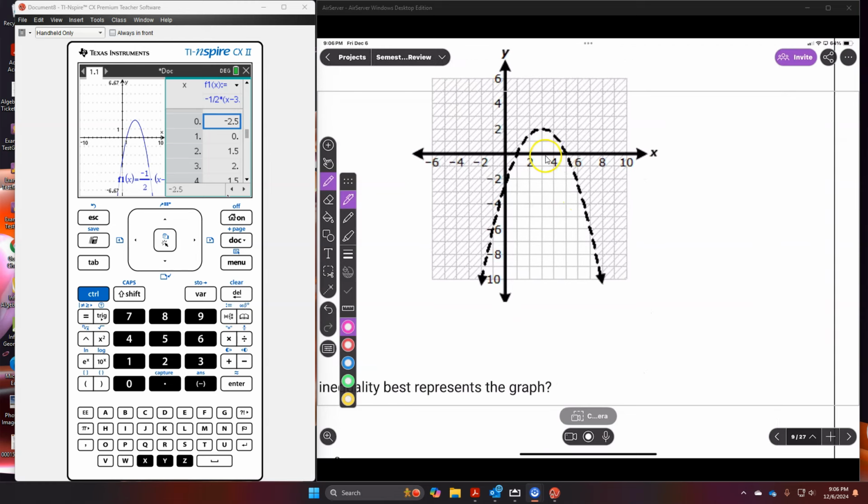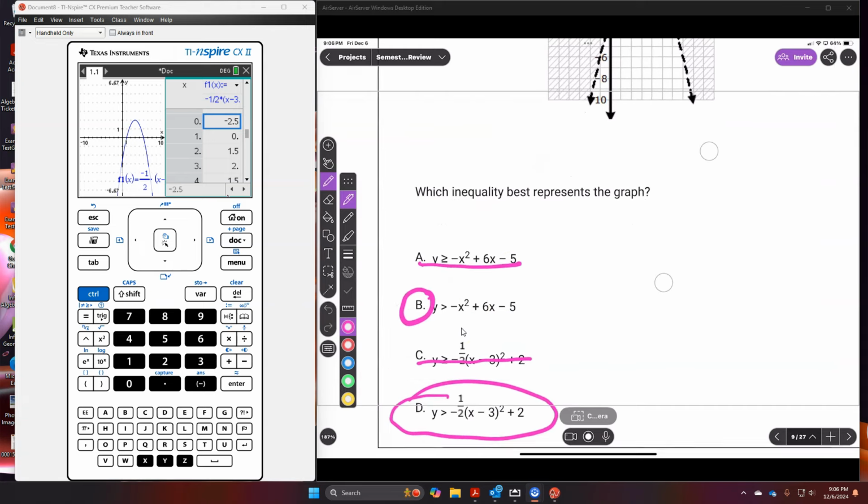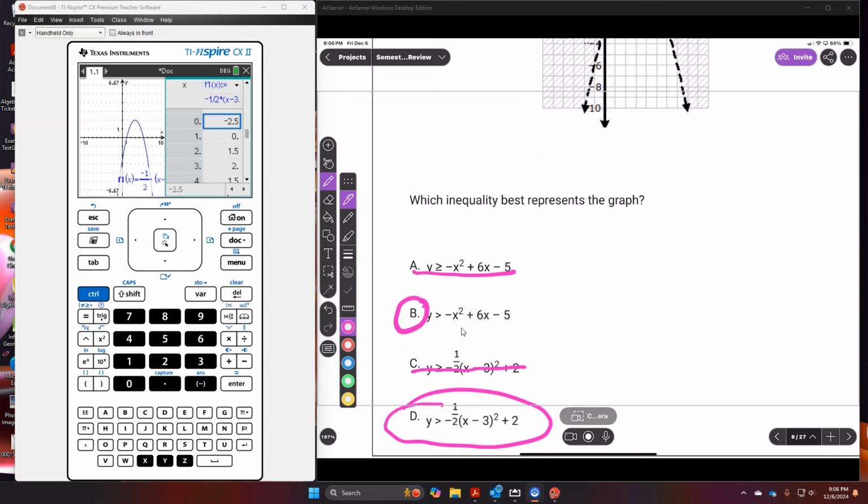So we have 0, -2.5, 1, 0, 2, 1.5, 3, 2, 4, 1.5. So the answer is the last one that I showed you. I went ahead and graphed the equation, so the answer is D.